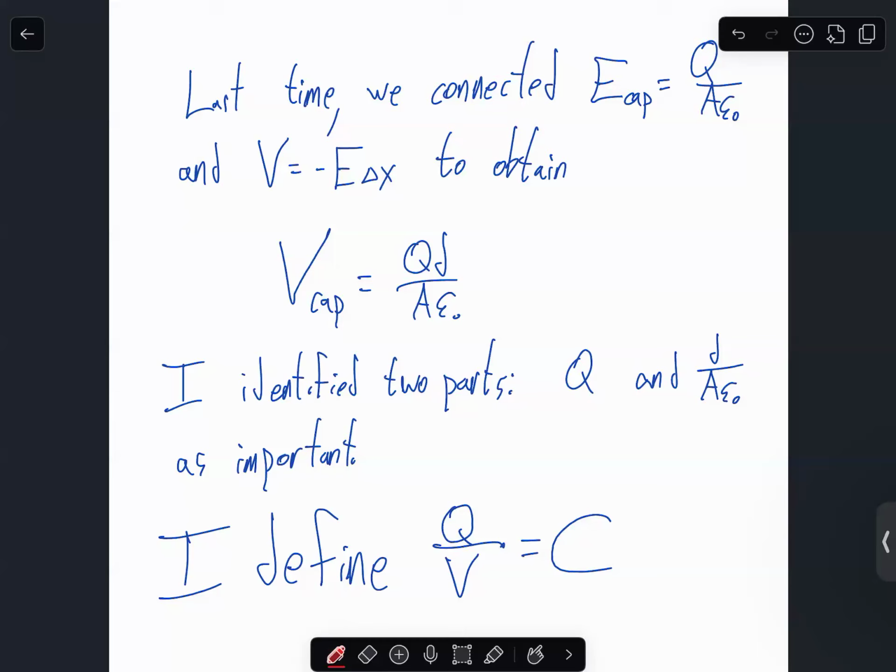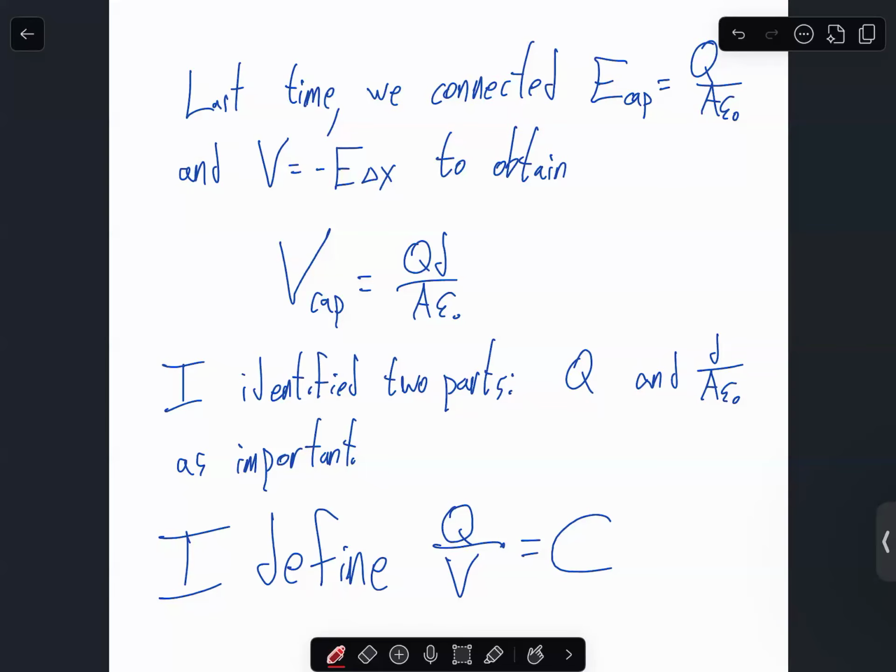D and A are the size of the capacitor, how far apart the plates are and how big the plates are. Those are physical properties of the size and shape of the capacitor. Those don't change if you change the electricity. You would have to physically expand or contract or do something physical with the capacitor with your hands to make its capacitance different.